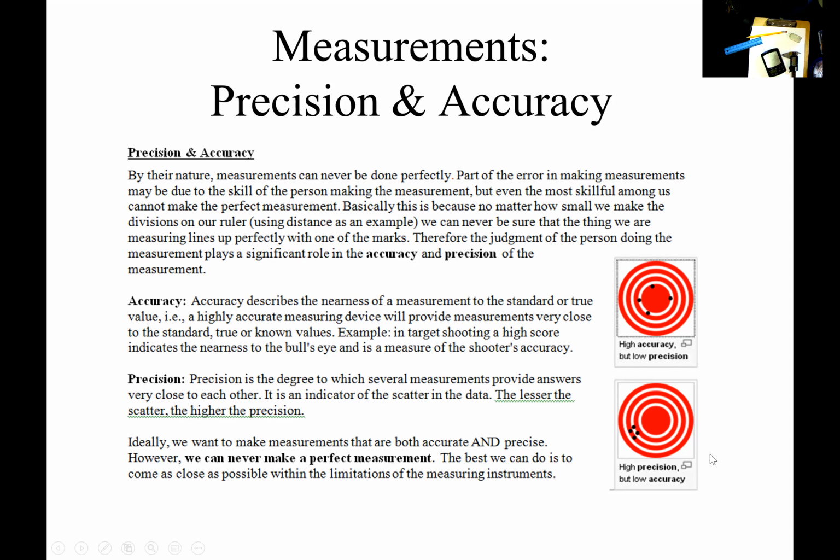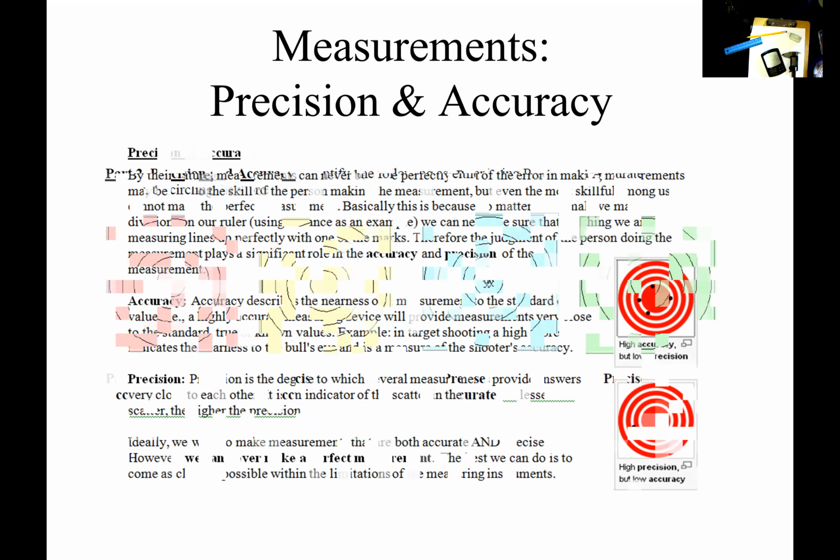Whereas in the second image below, you can see that it's not very accurate because they're not close to the bullseye, to the center, but they're very close together, so they're very precise. So we're going to be discussing this all semester long, and those two concepts are central to doing good measurements. We want both, right? The ideal is to have precision and accuracy.